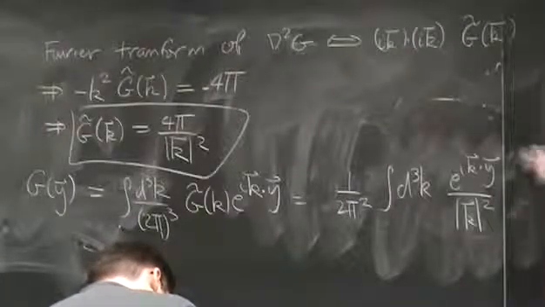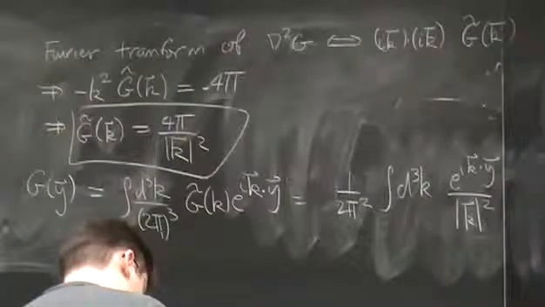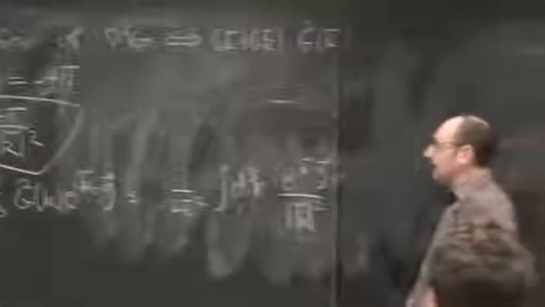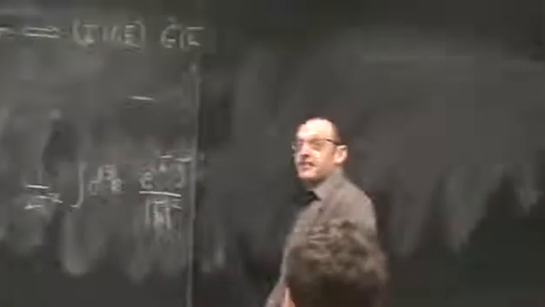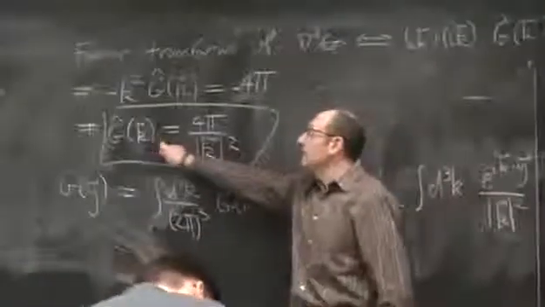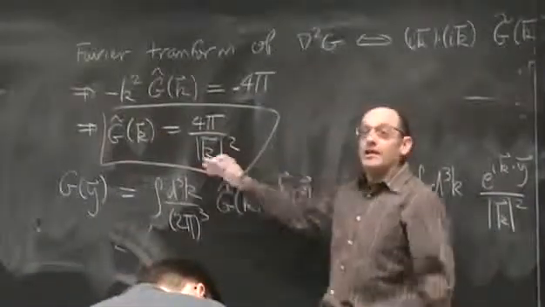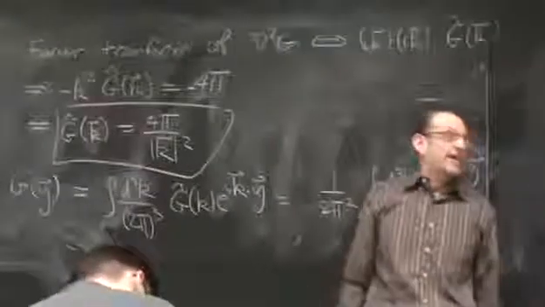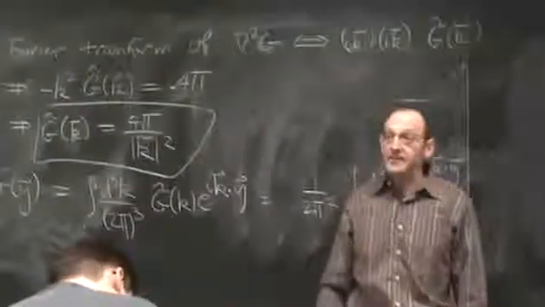So to do that, we can use spherical symmetry in K-space, because what we see here is that the Green's function only depends on the magnitude of k, it doesn't depend on the direction of the k vector.